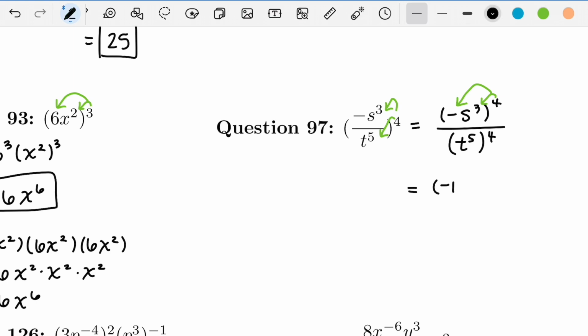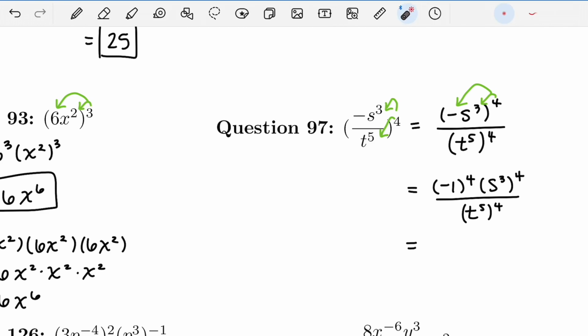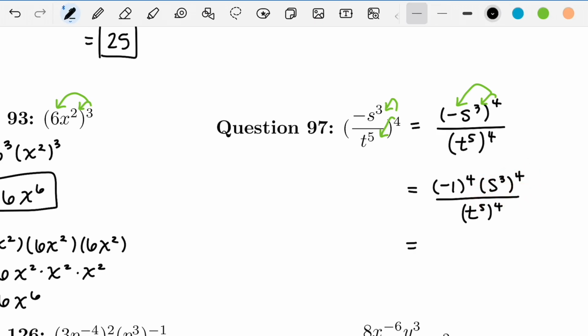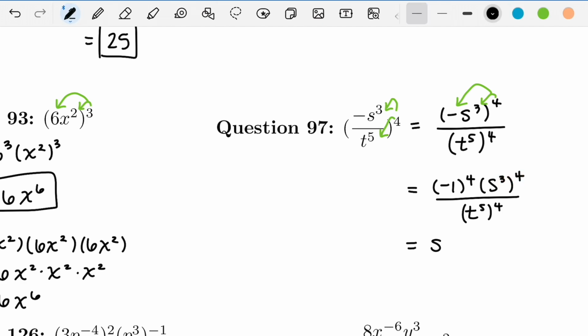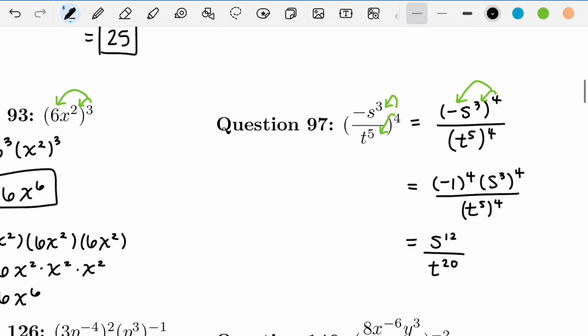So what we have is a minus 1 to the fourth power times s cubed to the fourth power over our t term on the bottom here. So in this case, this becomes a positive. So we're just going to have a positive 1 in front of this term here. So this will become s to the power of 3 times 4, so s to the 12th power, over t to the 5 times 4, so t to the 20.